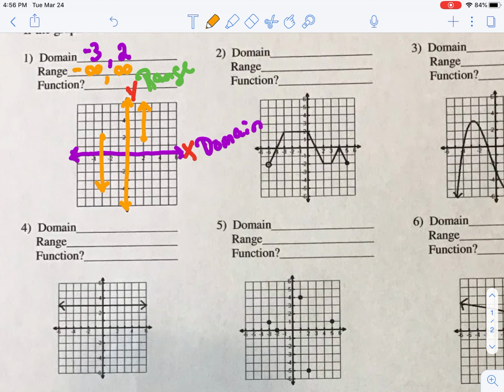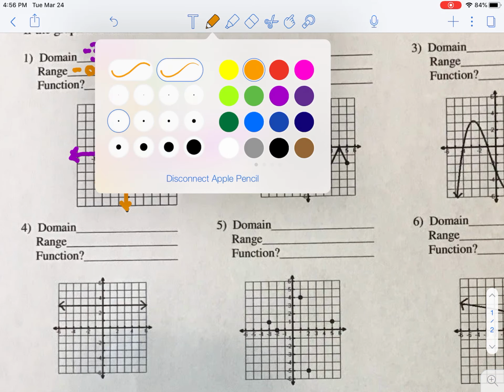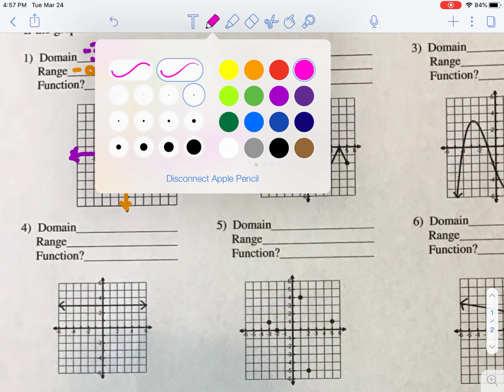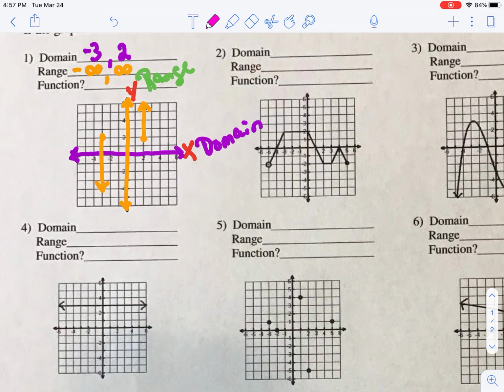Now they're asking us whether or not this graph is a function. So for figuring out if it's a function or not, we need to perform something called a vertical line test. Okay, now a vertical line is a line that goes up and down.